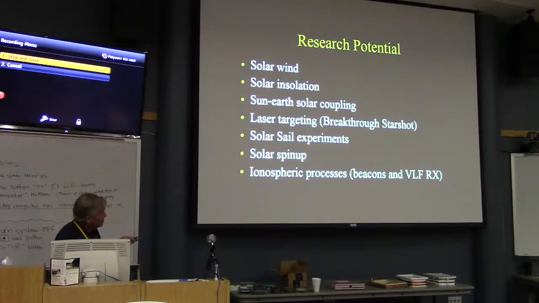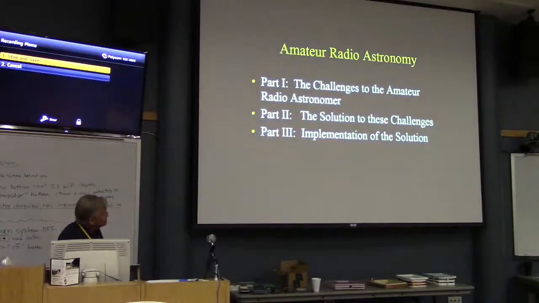There are some experiments on solar sails and spin up. And beacons is a bad word, but if we can turn on and off a beacon for various regions, it's a good thing. If we can do ionospheric studies, helping other people that want to do those studies, that's a good thing. Lots of possibilities.